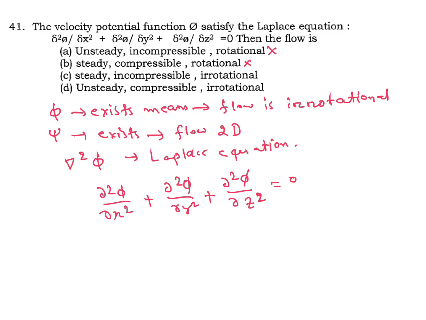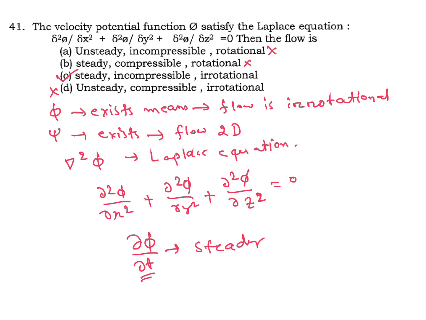In case of unsteady, this term will come, del phi by del t, but here no del phi by del t term, so it's steady flow. So this one also you can cut. Finally C. So C is our answer. The flow is steady, incompressible and irrotational.